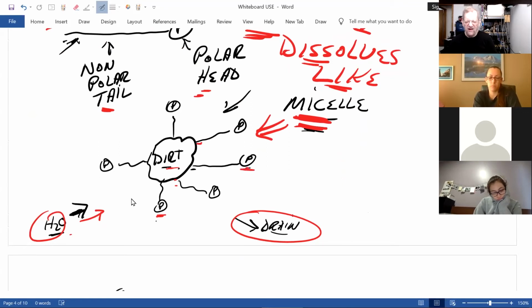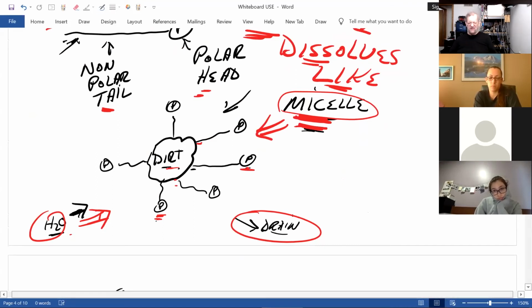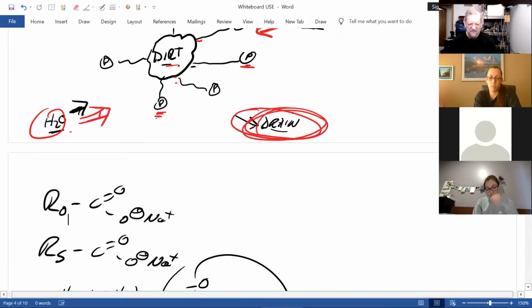The polar head stays far away and you form a micelle. You should know how to draw a micelle. And now water sees the micelle and only sees the outer polar heads of the soap and says, oh, micelle, I'm polar, you're polar, let's go down the drain together. And they do, and now you're clean. And that's how soap works.